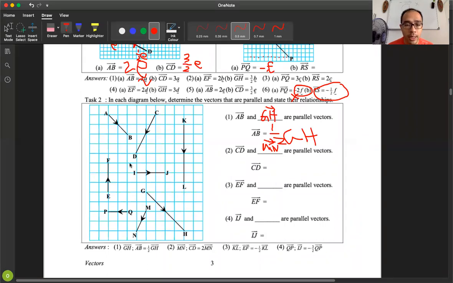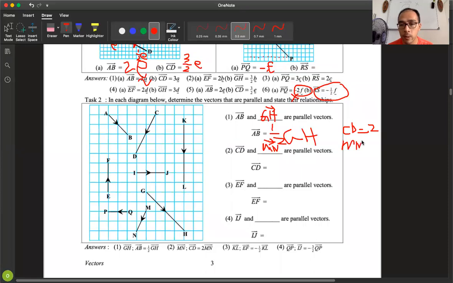Since CD and MN are parallel, let's take a look. CD is how long? Let's take this one. 2 to the left, so 2. Whereas MN is just 1.